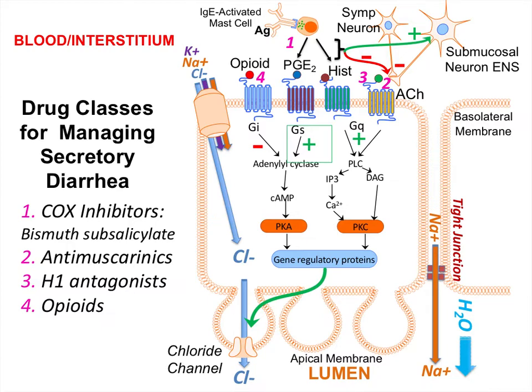Antimuscarinics, site number 2, would be blocking the acetylcholine muscarinic type 3 receptor here, and reducing this pathway. The histamine 1 antagonists would obviously be working right here and also here, and reducing the tendency for histamine to have its secretory effects.